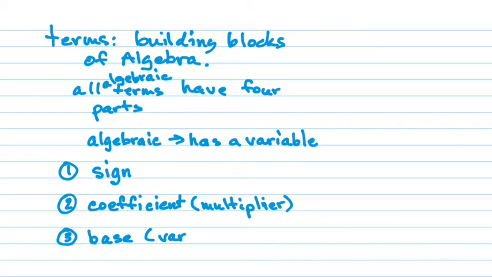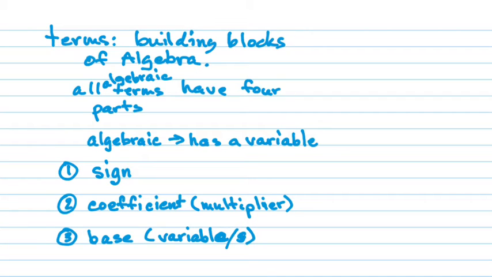Third part of every term is its base. And because these are algebraic terms, and they're algebraic because of the variable, then the base is the variable, or variables, plural sometimes, because you can have more than one variable in a term. Variable, variables.